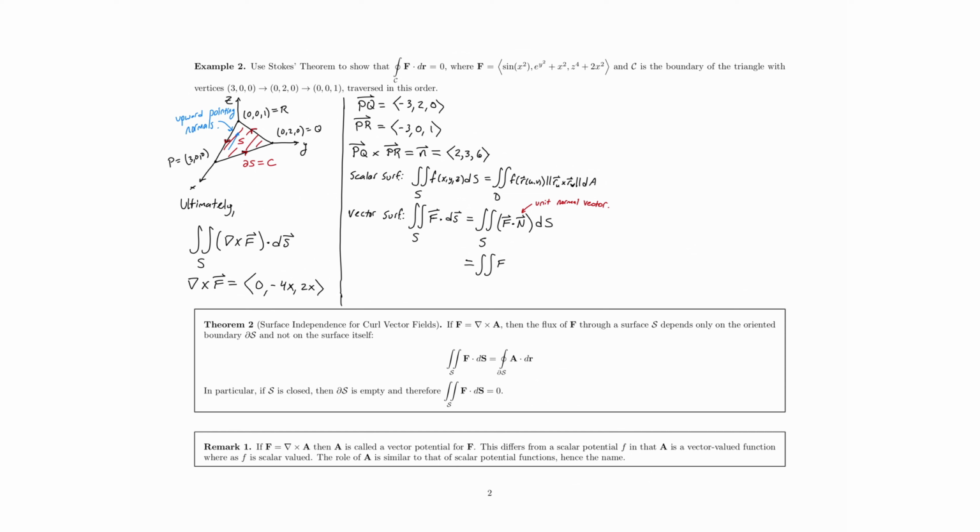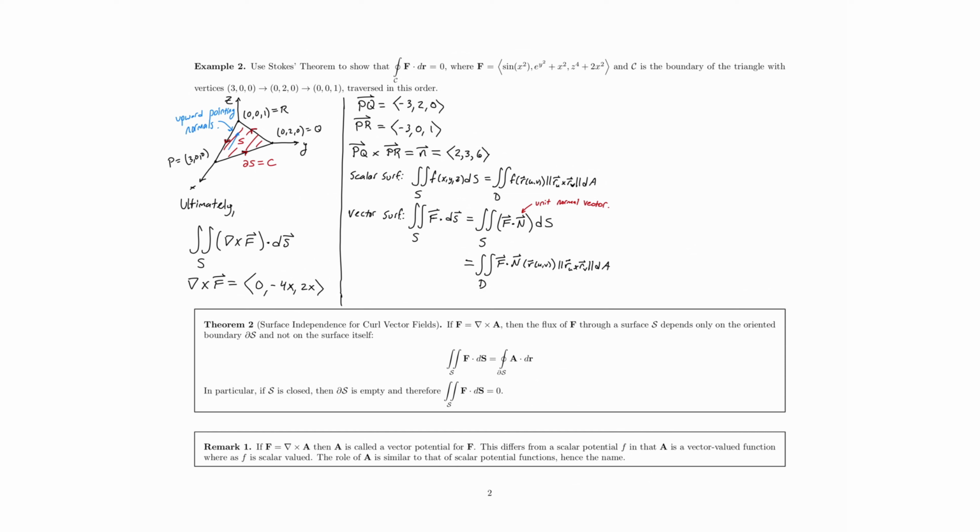This is going to be written in terms of r of uv. It's a little bit weird, but it works. And then dS is the magnitude of the cross product, dA over D.